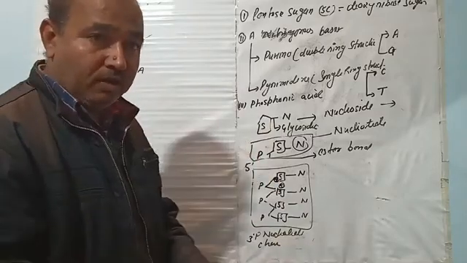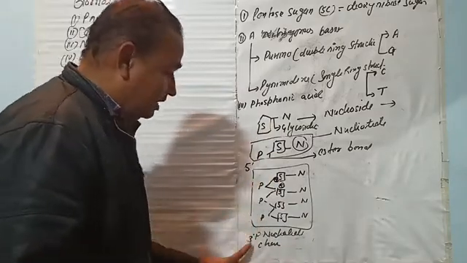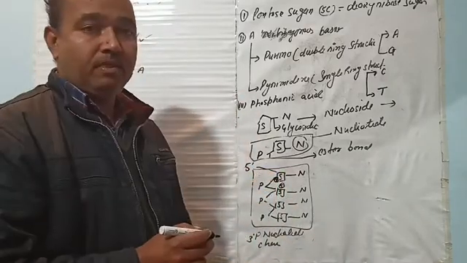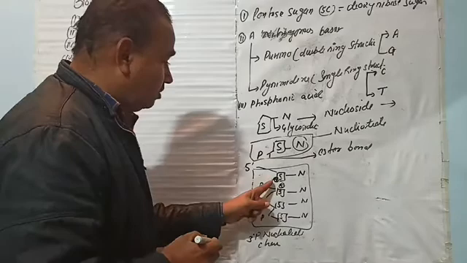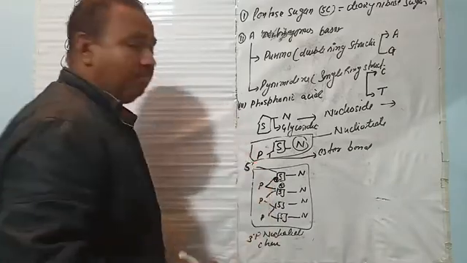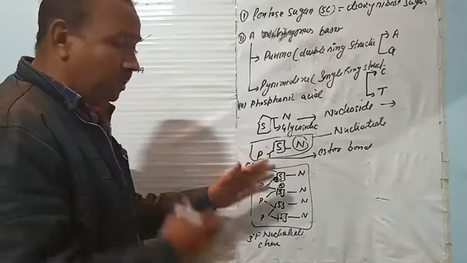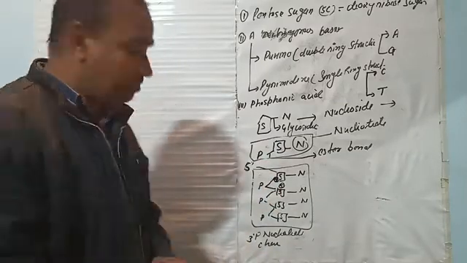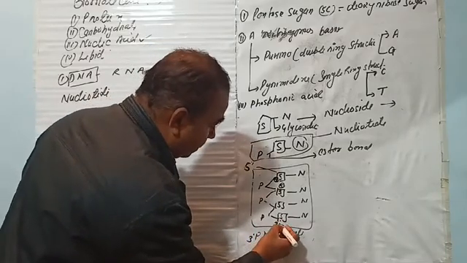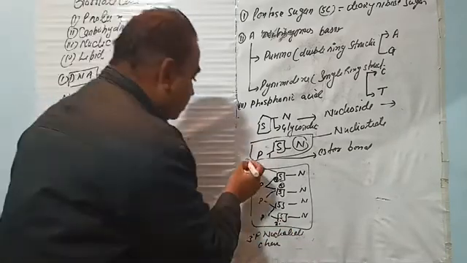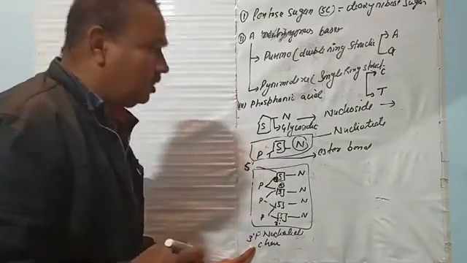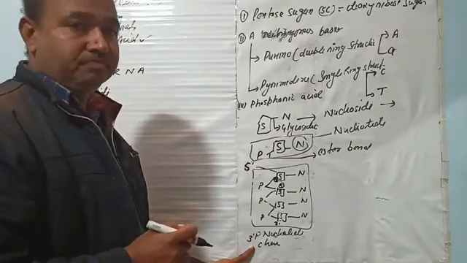So where the nucleotide chain starts, here a carbon is vacant. Here no diester bond has taken place. So this is represented by the 5 carbon. This is the end where the polynucleotide chain is formed. And at the last, here also in the sugar the 3 carbon is vacant. So this can be represented by the 5 to 3 direction.